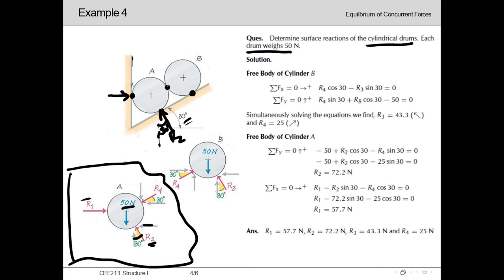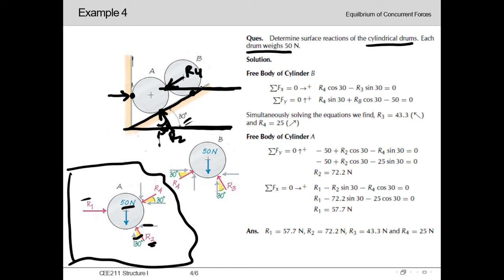And here we can see another contact surface, so another force will arise here. Let's denote it with R4. Now as we can see, these two lines are parallel lines, and this is an intersect between these two lines.